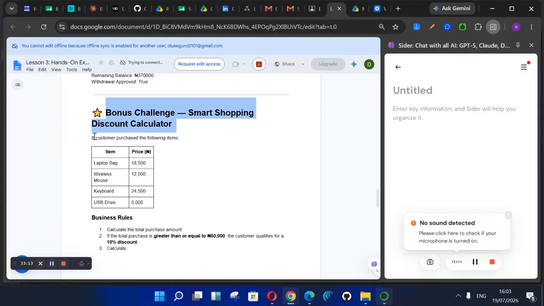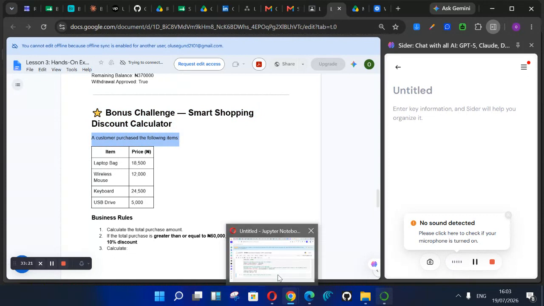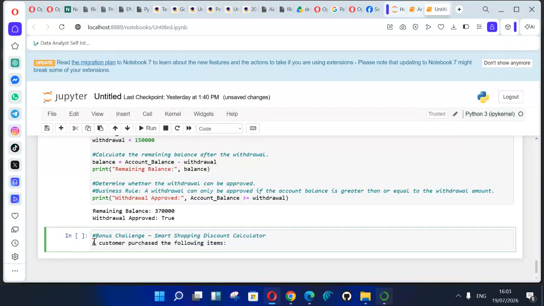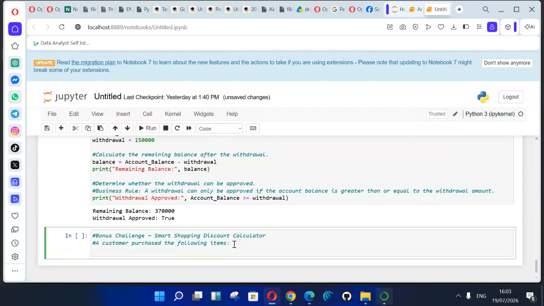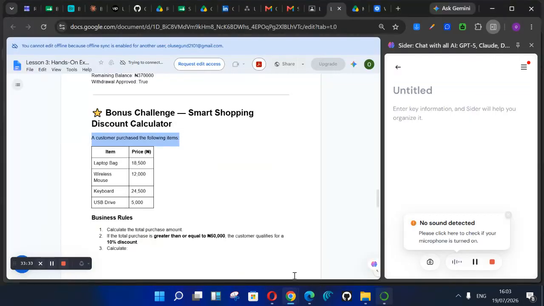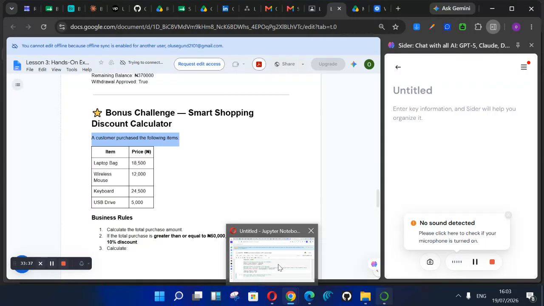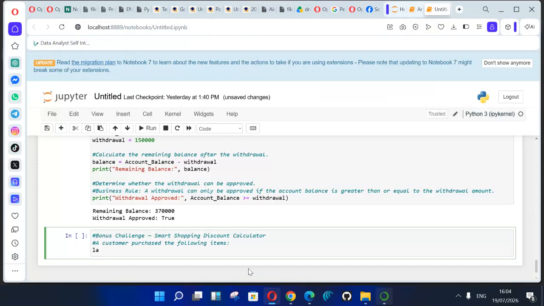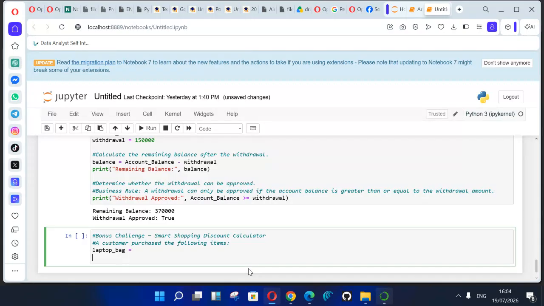The customer purchased the following items, which are a laptop bag, wireless mouse, keyboard, and USB.